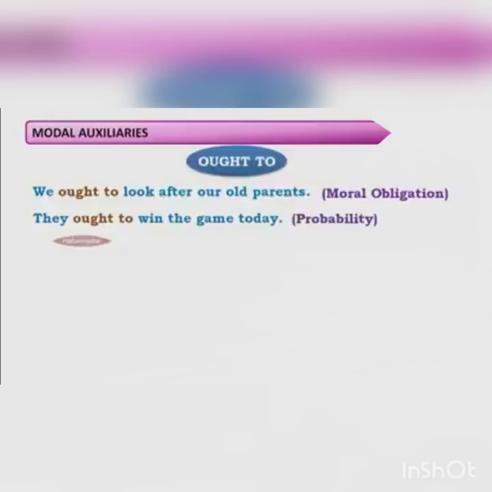Example, a match is going on and you know that the opposite team is not very strong and your team is strong. So keeping this in mind, you say that ought to win the game means probability. So there is probability to win the match. It is a possibility to win the match. We ought to win the game today.